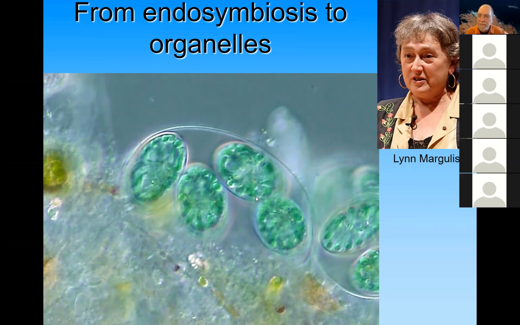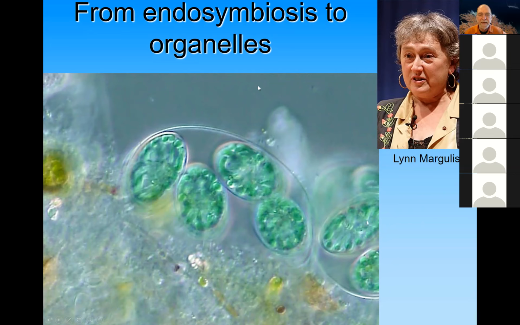And over time, this symbiosis became a permanent component. The thing about symbiosis is that symbionts can live independently of each other, but chloroplasts cannot live independently of the plant cells that they occur in. If you remove chloroplasts from plant cells, they're no longer able to exist.